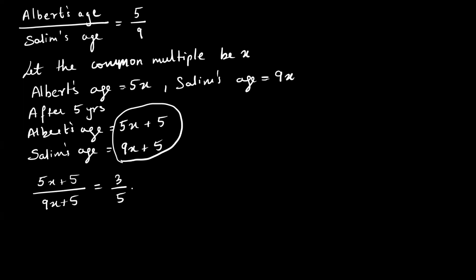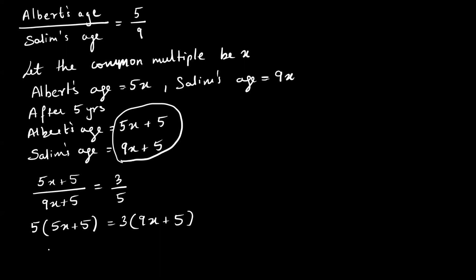Okay, इसके आगे क्या करें? Sir, we have to cross multiply. Correct. Then what to write? 5 in bracket 5x plus 5 equal to 3 in bracket 9x plus 5.